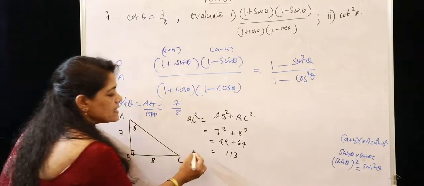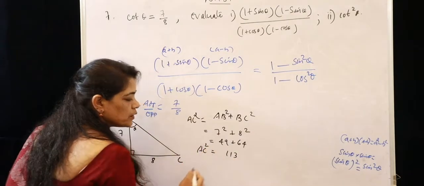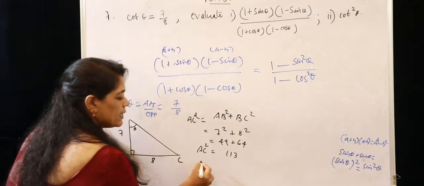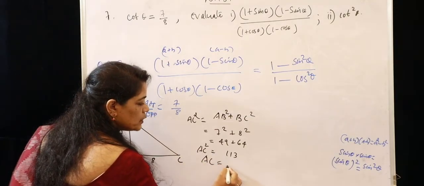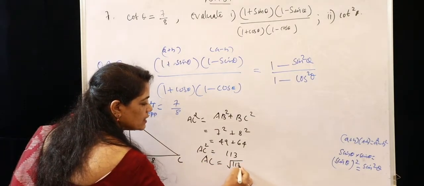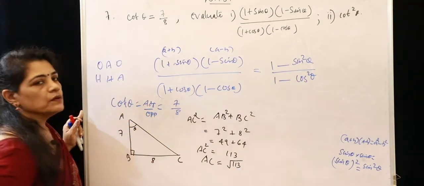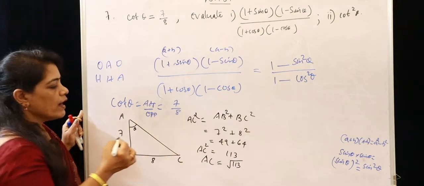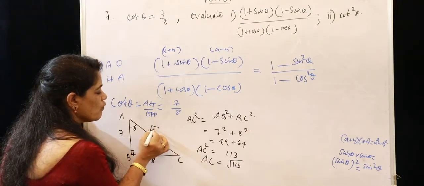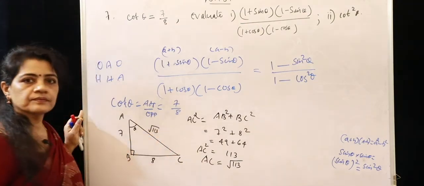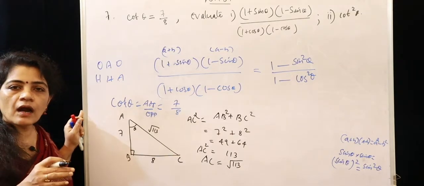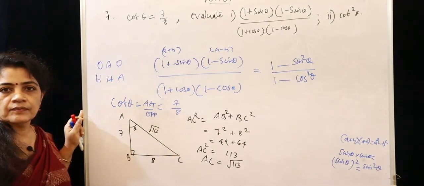That is AC square, the square of the hypotenuse, is 113, and AC, the hypotenuse, is root of 113. That means now we have all the three sides.